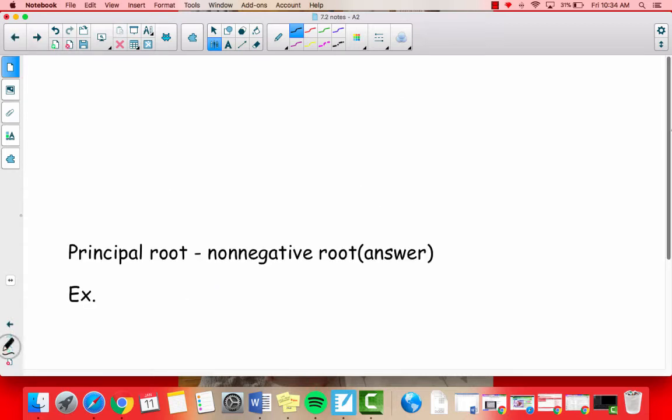So if I told you originally b to the n is equal to a, then the wording where I said b was the nth root of a could be written like this, that the nth root of a is equal to b. So these are saying the same things, just written two different ways. So b to the n will get me a, or I could say the nth root of a equals b.